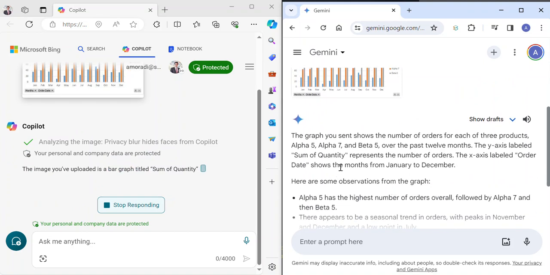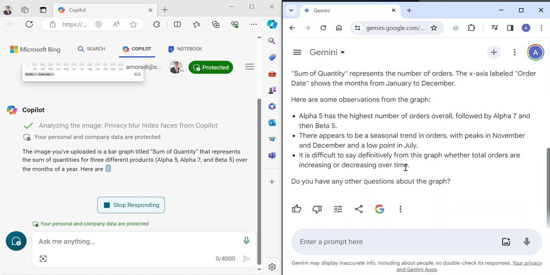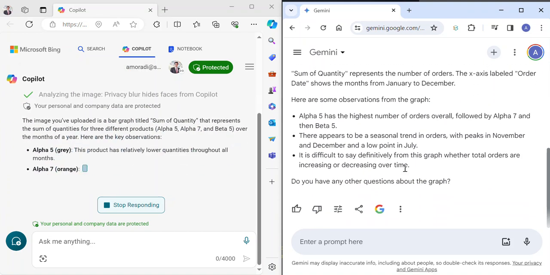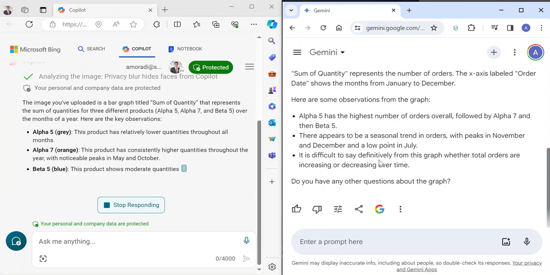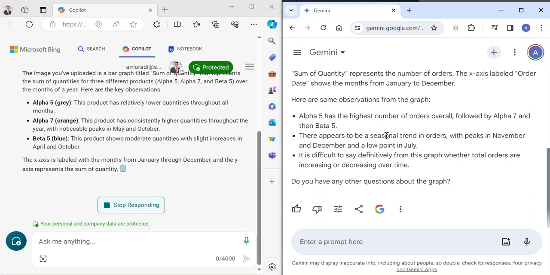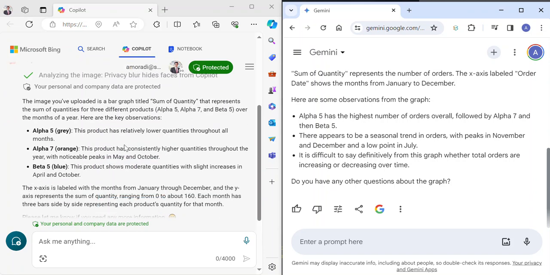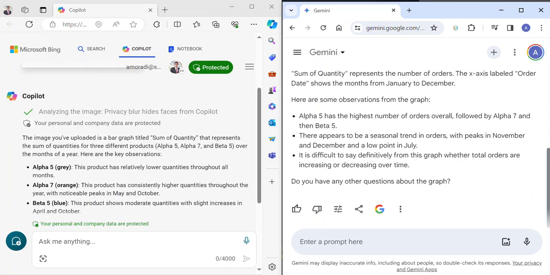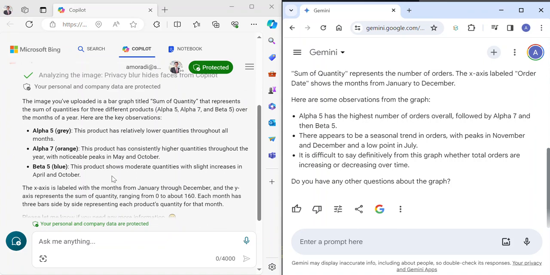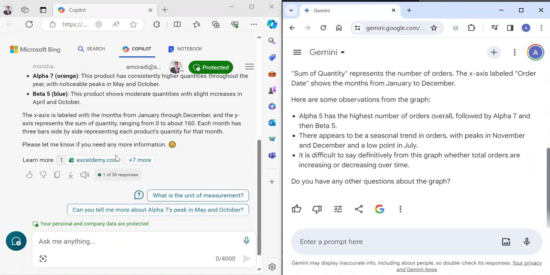It recognizes which axis is which, and what the products are. But it seems that Copilot provides more specific information, even which color is which, and even a specific way they have to both mention some months.